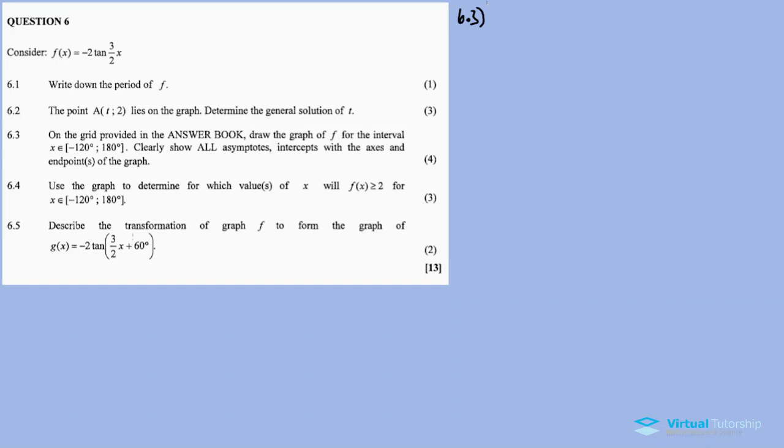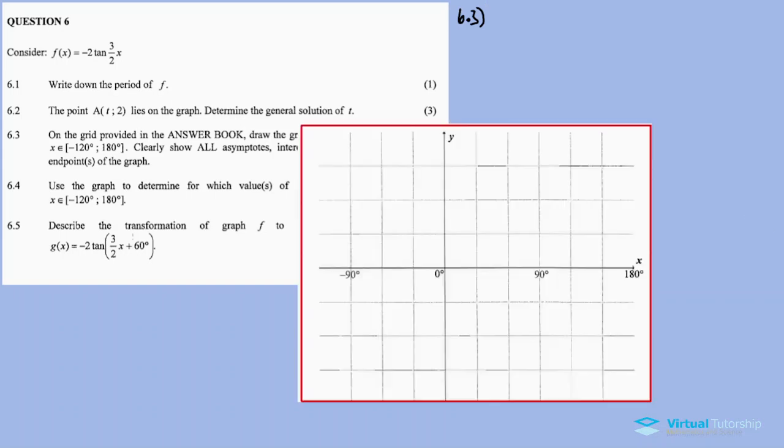Alright, 6.3, so sketch the graph, right? So use this grid provided in the answer book. This is the grid. So luckily they have labelled or given us a step for the graph. So here it's 30, 60, 90, 90 plus 30, that's 120, 150.